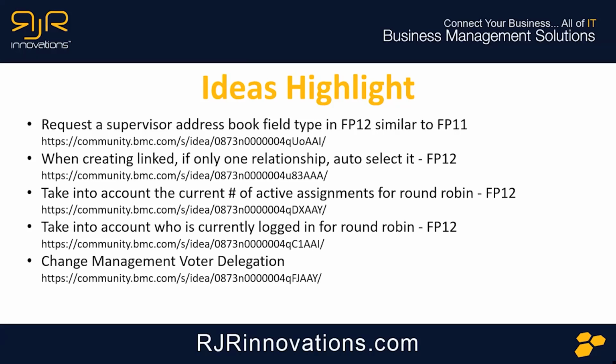Round robin is still going to assign tickets 1, 2, 3, 4, 5, 1, 2, 3, 4, 5, even though Layla has more tickets than everyone else. So that first feature request is about saying, if someone has more than everyone else, or if the number is uneven, skip them until the number gets even.